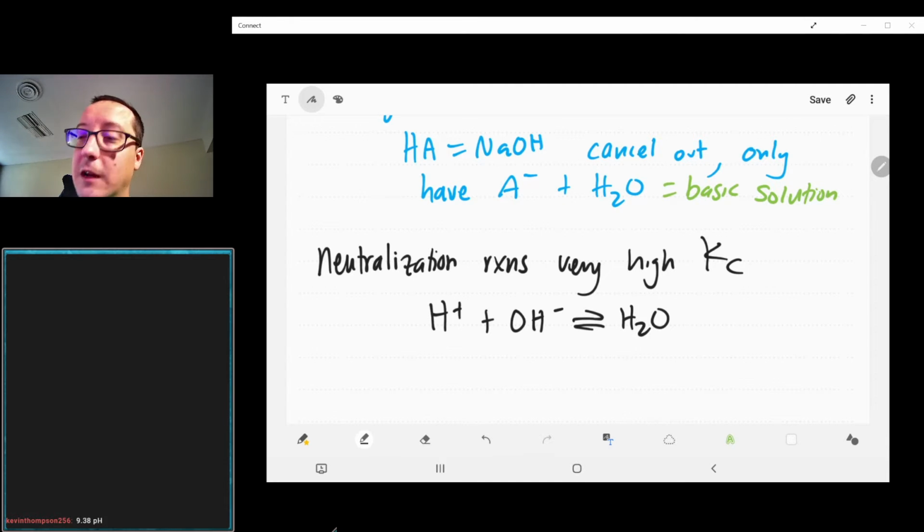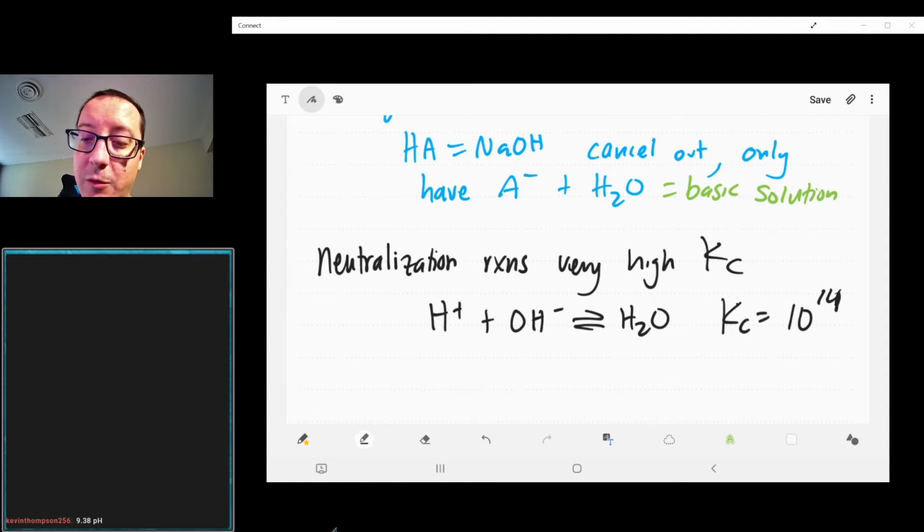We know this, right? We know that this is going to be 10 to the 14th. Very, very big K, right? It's the opposite of our ionization of water. So 10 to the positive 14 is a very, very product favoring reaction.